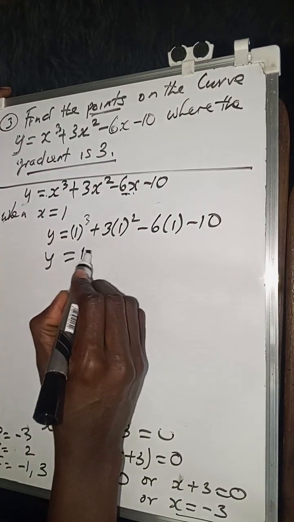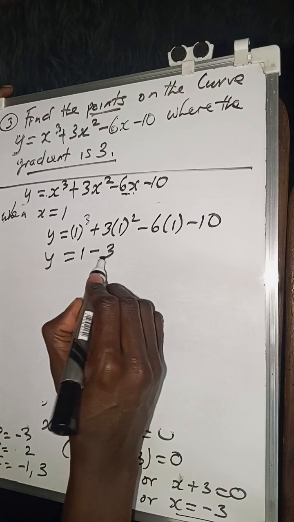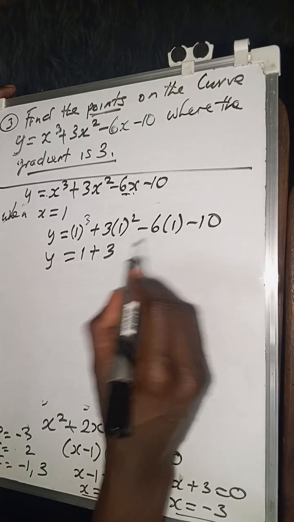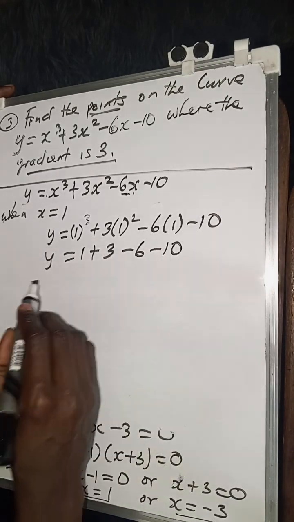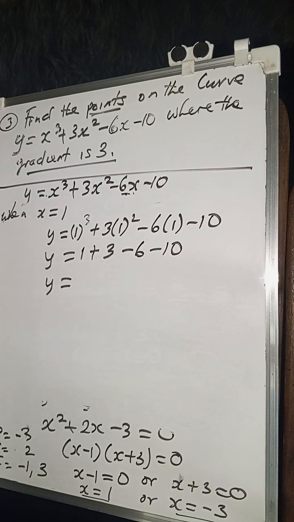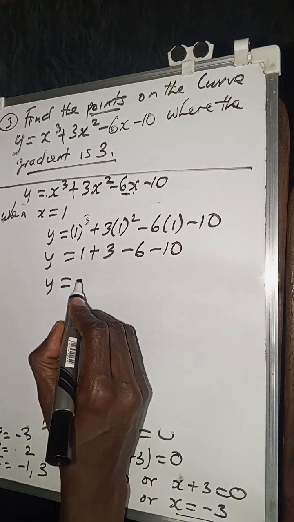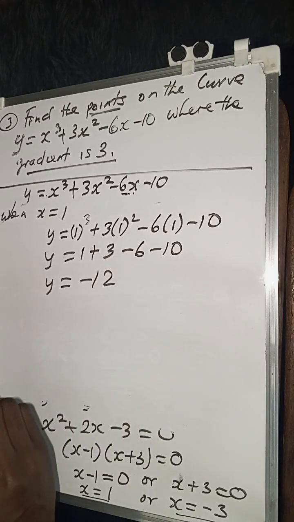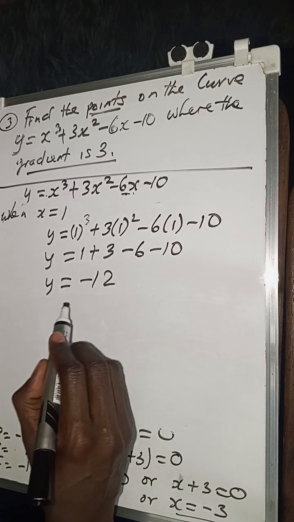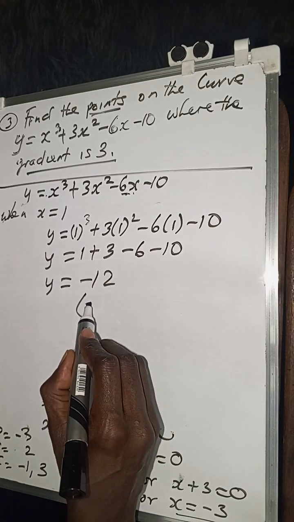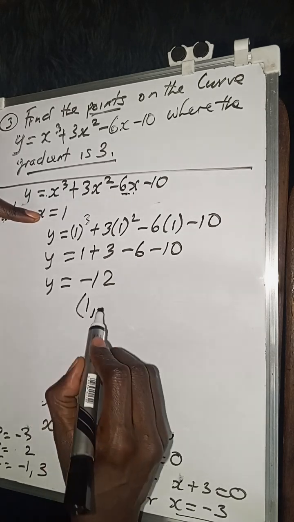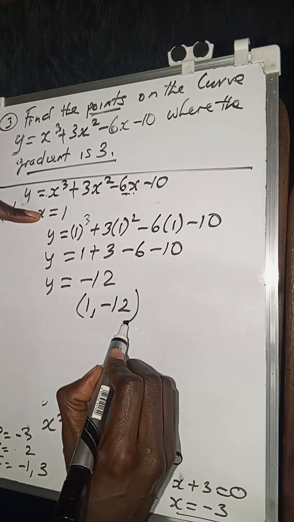So that will give me 1, that will still give me a 3 there, that will give me minus 6 minus 10. So y will be equal to, if you put that on the calculator, a negative 12. So meaning that when x is 1, your y is simply a negative 12.